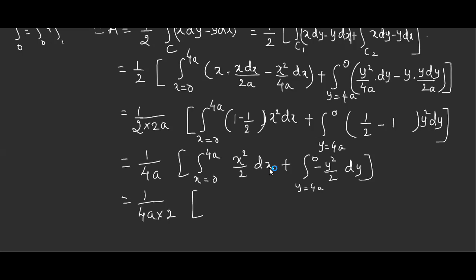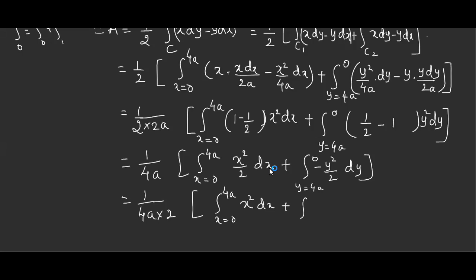So the remaining thing, I'll write one step. x is varying from 0 to 4a. 1 by 2 is out, what is remaining here? x square. Now this is minus; plus into minus is minus. So this minus I'll take for the limits only, meaning I'll get 0 to 4a.